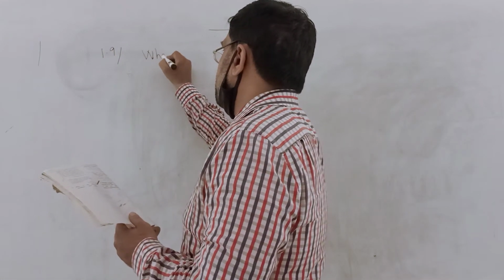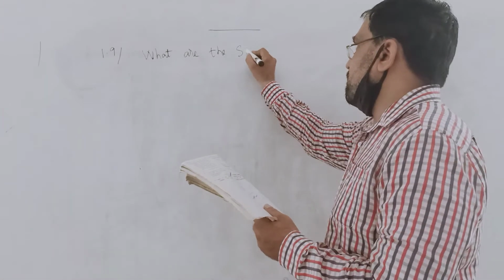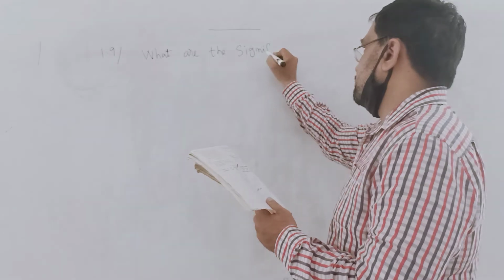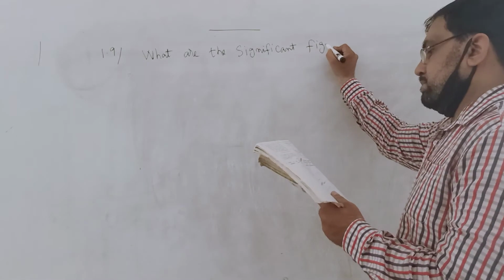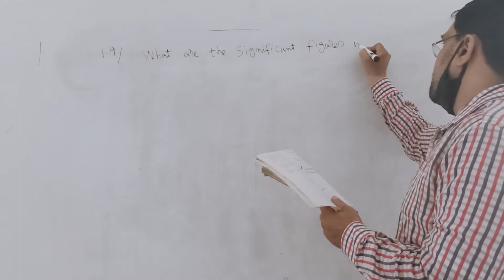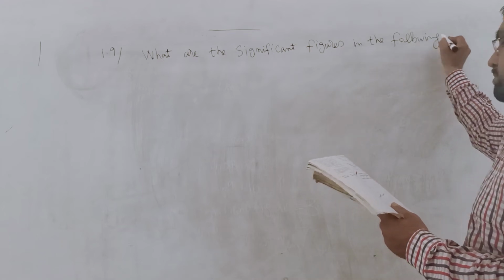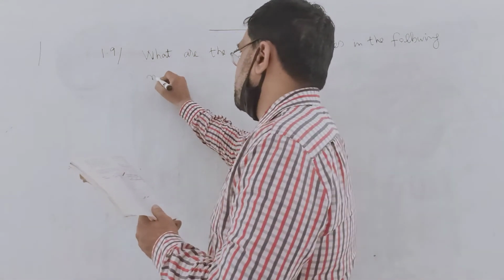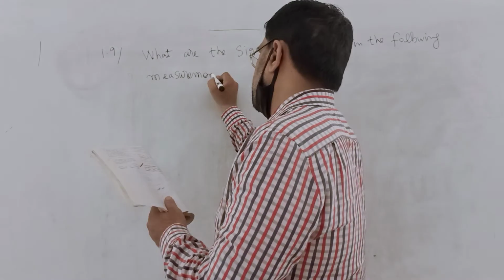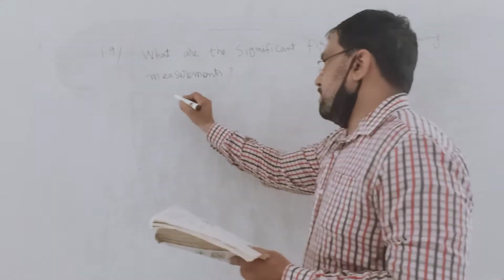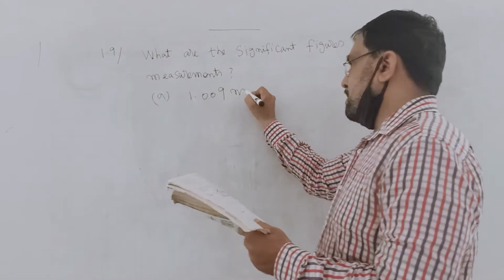Question number 9. What are the significant figures in the following measurements? A, 1.009 meter.